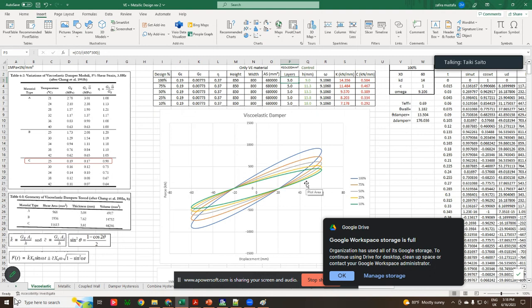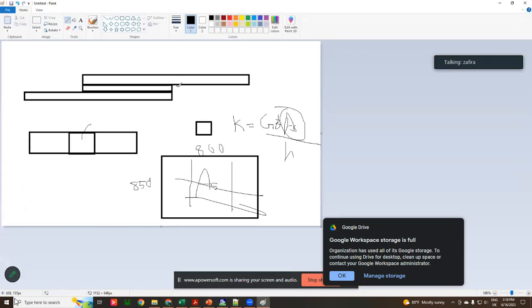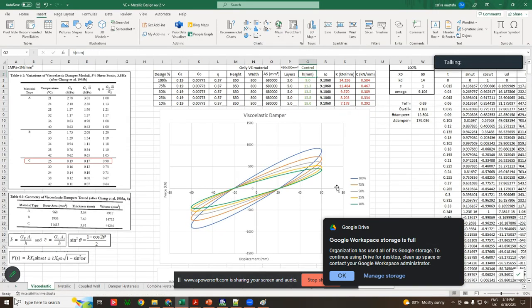And what is the meaning of H? H is the thickness. Thickness of one layer. This is H. That is the meaning of this. So where did you use this 450 and 300?